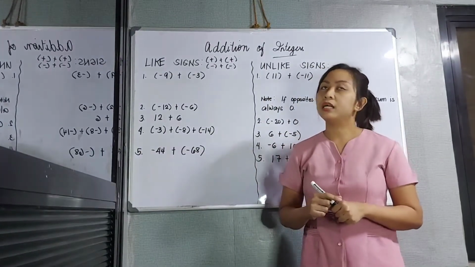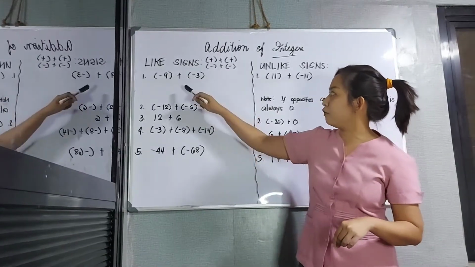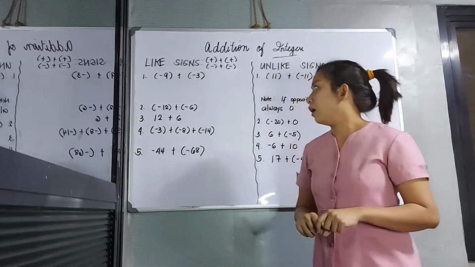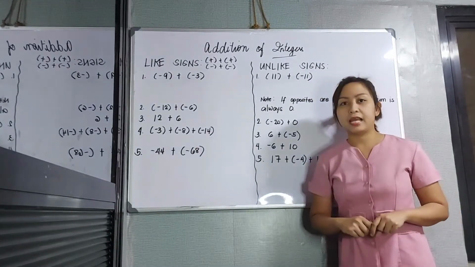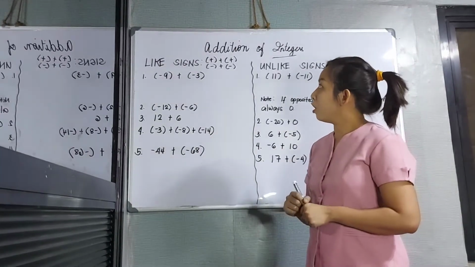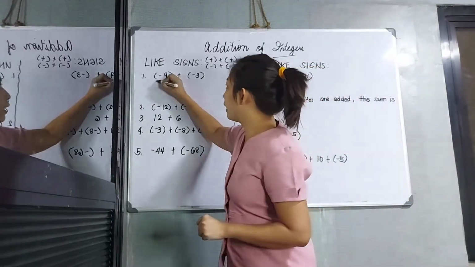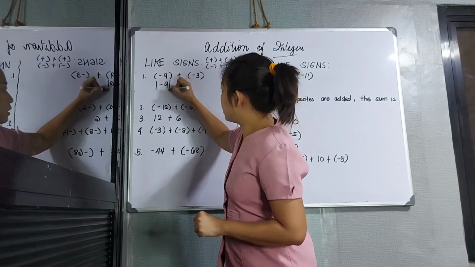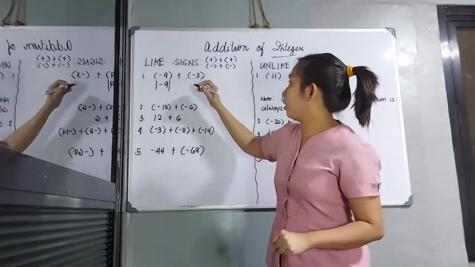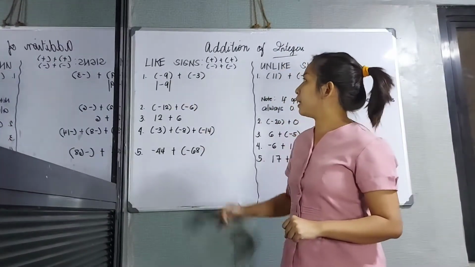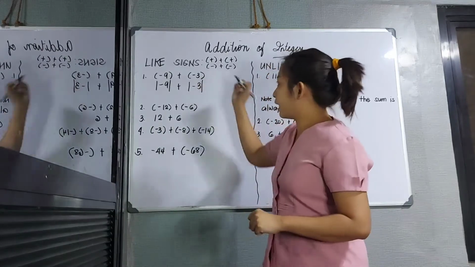The symbol we use for absolute value appears in our example number 1: negative 9 plus negative 3. First, what is the absolute value of negative 9? We write it with the absolute value symbol: the absolute value of negative 9 plus the absolute value of negative 3.